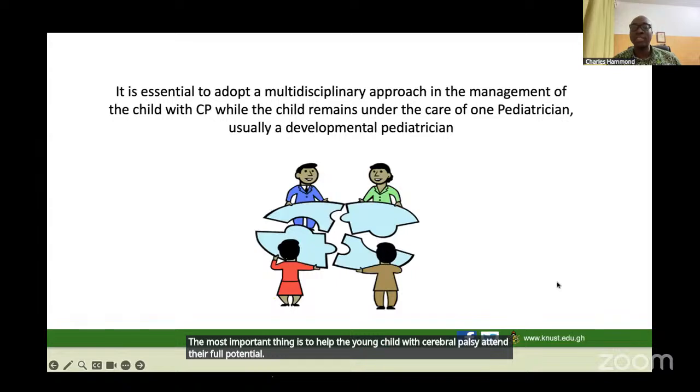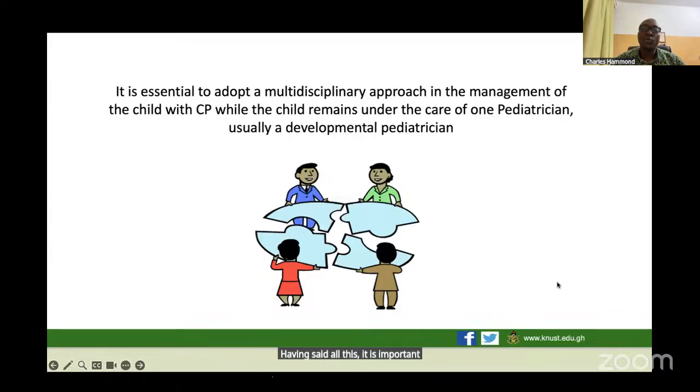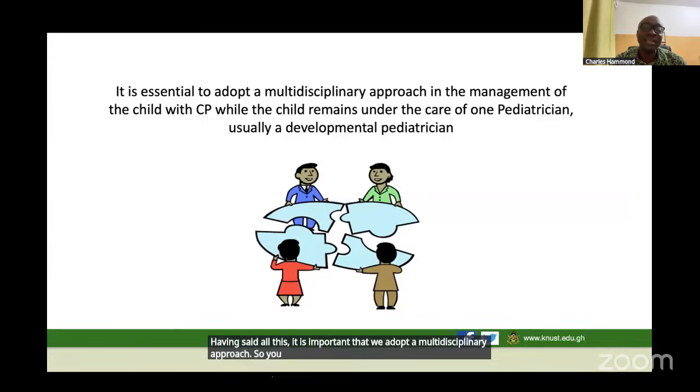Having said all this, it is important that we adopt a multidisciplinary approach. So you see that one person cannot sit in the consulting room and manage the patient with cerebral palsy. It is very, very important that we adopt a multidisciplinary approach.